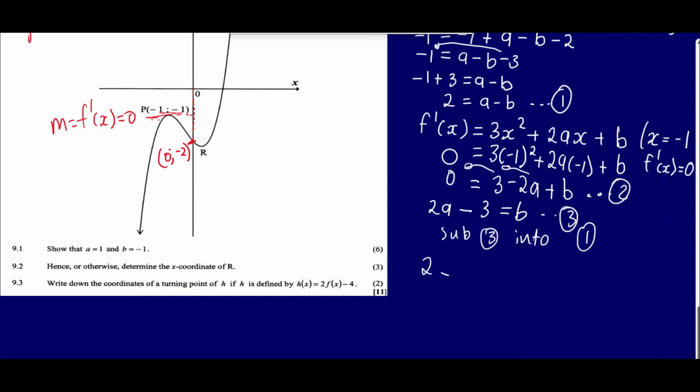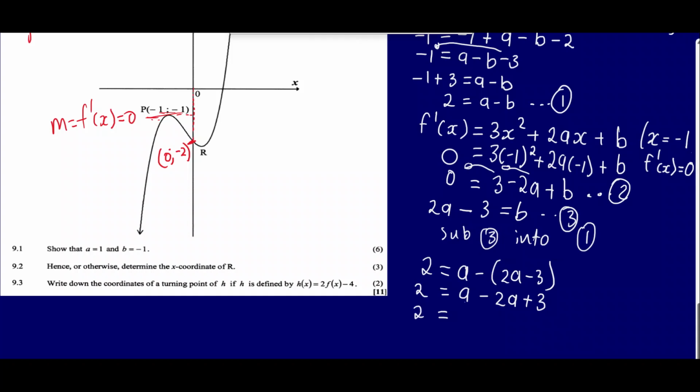Then I will substitute 3 into 1. My first equation is going to be 2, and where I see b, I'm going to substitute 2a minus 3. Now we can simplify this: a minus 2a plus 3.